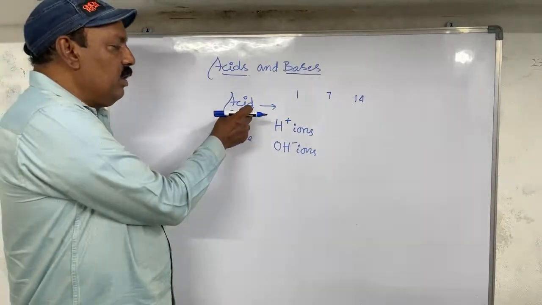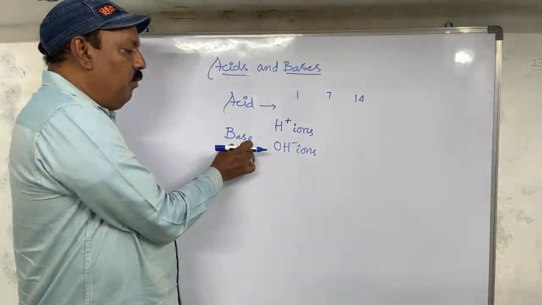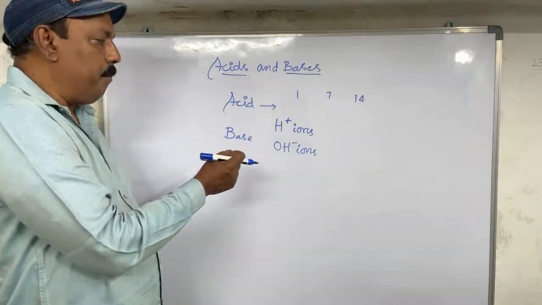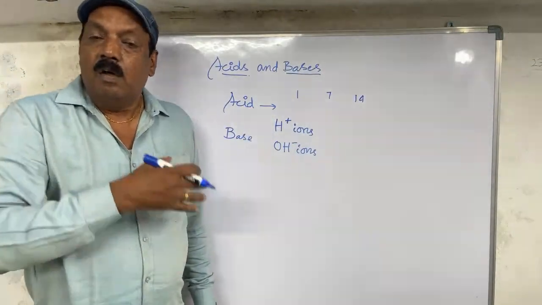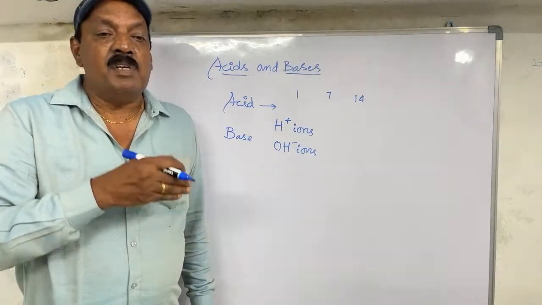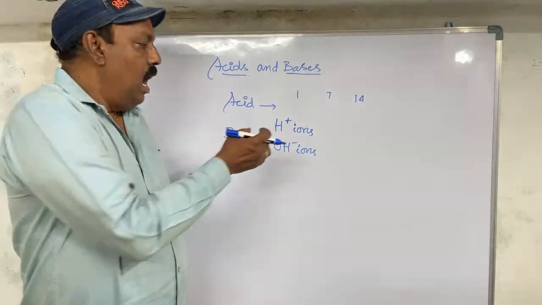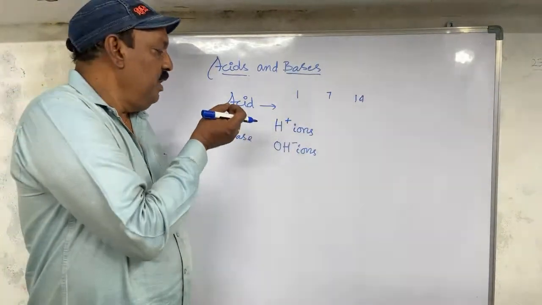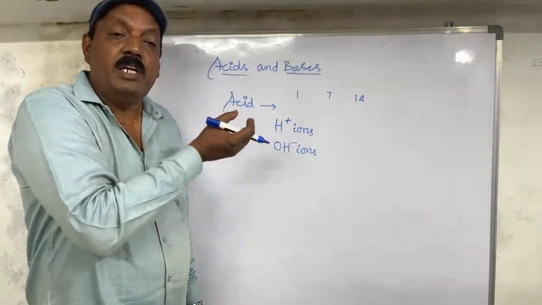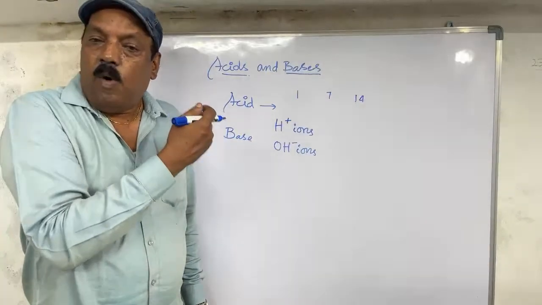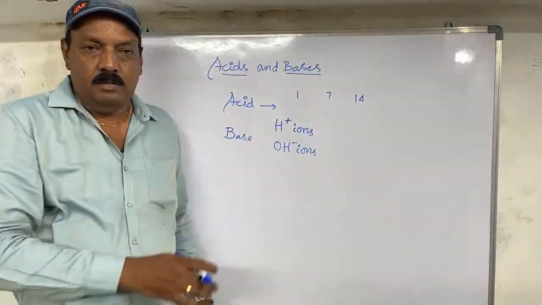So now you have understood what is acid and what is base. Once again, the substance which, dissolved in water, furnishes hydrogen ions, we call an acid. And the substance which furnishes hydroxyl ions in water, we call a base.